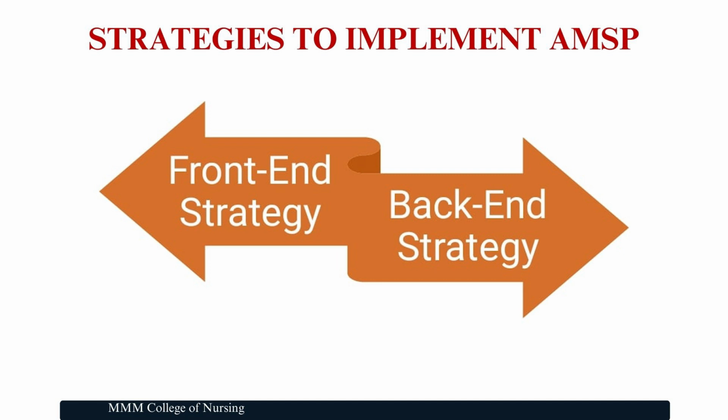And next one is a back end strategy, which is also called post prescription. So the front end strategy is called a pre-prescription approach, and the back end strategy is called a post-prescription approach or prospective audit and feedback.